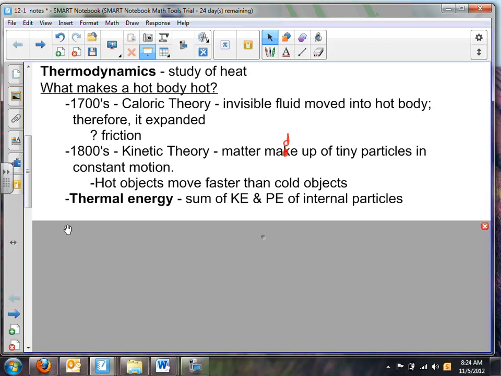Now we're talking about the particles that make up the object. So instead of a car having kinetic energy, the particles that make up the car are constantly in motion. So thermal energy, the fact that particles are continually moving.